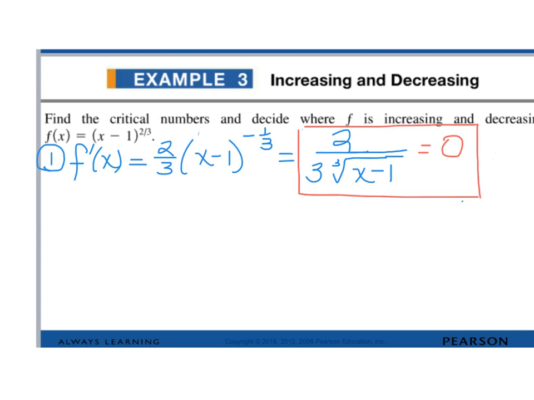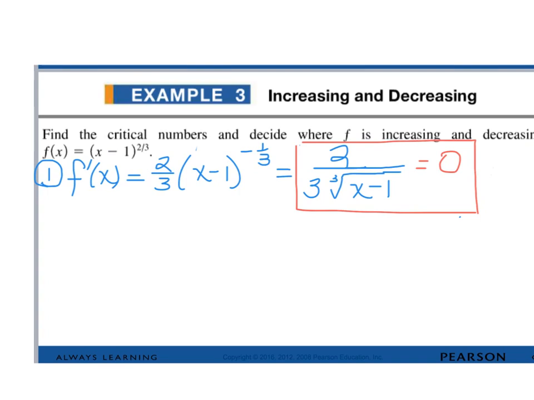There is no value of x that would cause the denominator to be so large that 2 would ever turn into 0. Now, if you need to prove that to yourself, it's not hard to prove, because all you have to do is take 2 over 3 times the cube root of x minus 1, set it equal to 0 over 1, and cross multiply.